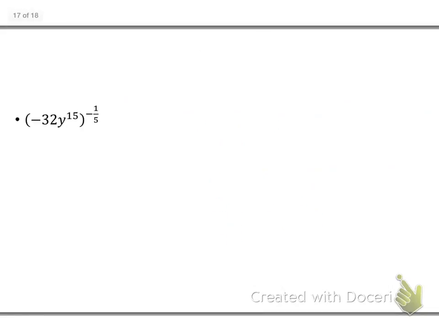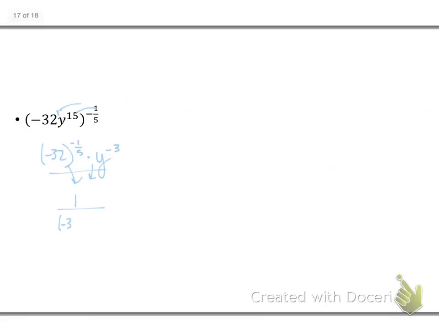Okay, and my last one, if I don't see an exponent, I add a 1. So I can distribute this little guy in here. So it's negative 32 to the negative 1/5, because we multiply, times y. 15 times negative 1/5 is negative 3. So we're going to have to drop both of these guys downward to make them positive.